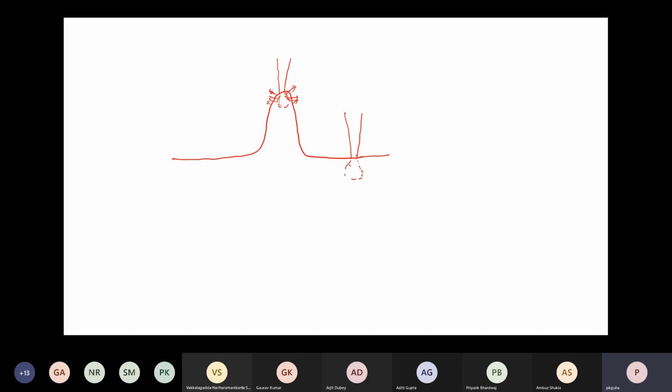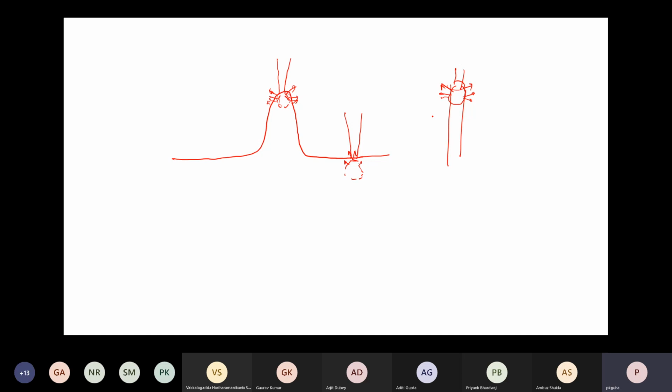But here the number of secondary electrons will be less. Only those very close to the surface will be able to come out, but here lots of electrons are very close to the surface, because this is a very tiny portion. So when you are interacting, lots of secondary electrons will be able to come out from the surface, right?